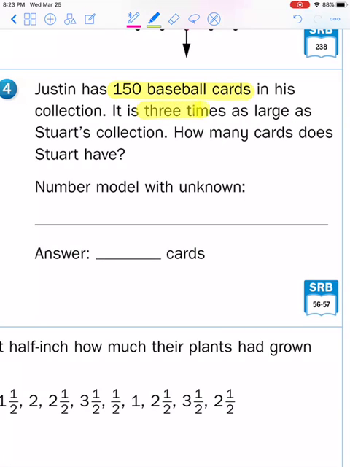Number 4, Justin has 150 baseball cards in his collection. It is 3 times as large as Stuart's collection. How many cards does Stuart have? So we know that Justin has 150 baseball cards.